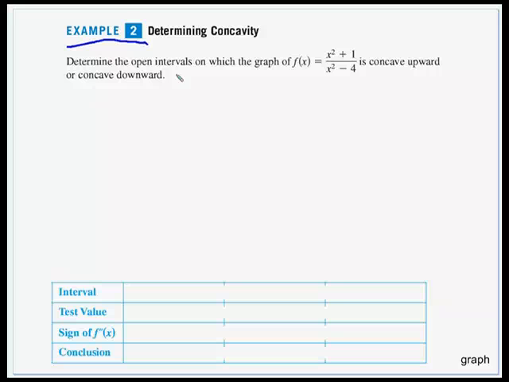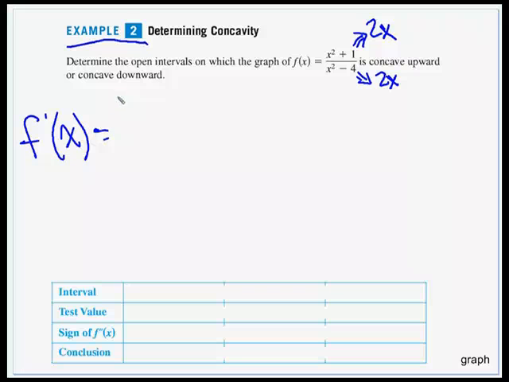So here, we're going to have a quotient rule application. We need the derivative of our upper function, and the derivative of this would be 2x. And we need the derivative of our lower function, and that's going to be also 2x. So let's see, the first derivative, f prime, is going to be low d high.